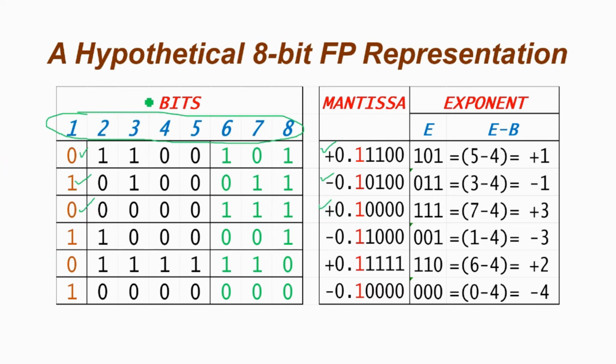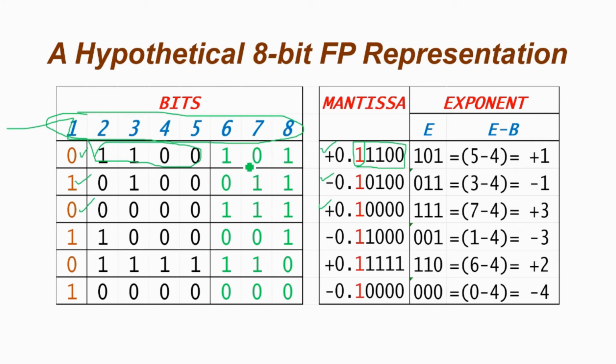The next 4 bits out here indicate the mantissa. So 1100 indicates a mantissa of 11100. Please note that we added the ghost bit out here of 1, which is always assumed to be there. So these 4 bits of 1100 imply a mantissa of 0.11100.